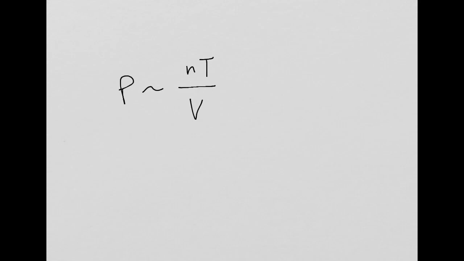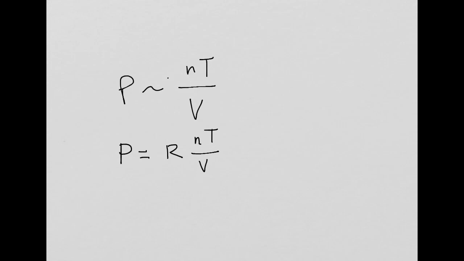If you don't understand that, don't worry too much about it. Just know that I need to put in some sort of constant if I want to make it perfectly equal. So I put in a P, and now for an equal sign, I put in my constant of proportionality, multiply n times T, and put that over V.